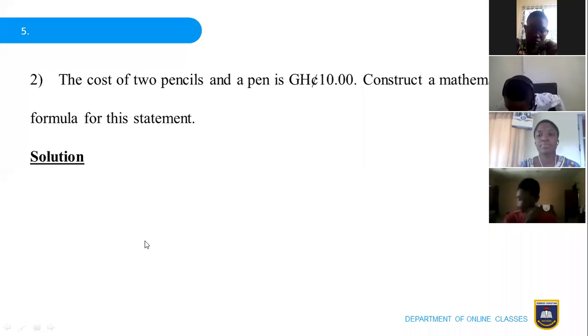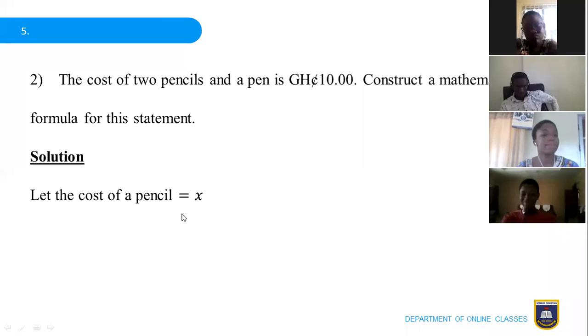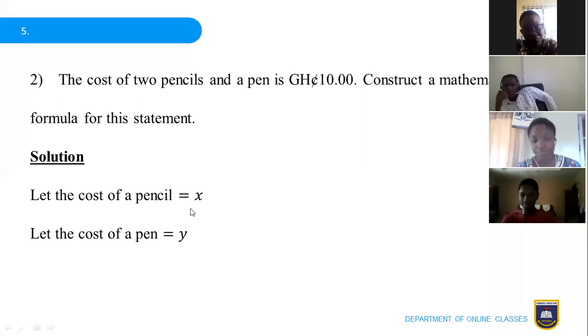So let's look at the suggested solution now. Thank you for the correction. You are welcome, sir. Let the cost of a pencil be equal to X. Let the cost of a pen equal Y. So now the question says 2 pencils. The cost of 1 pencil is X. So if they are 2, then our cost is going to be twice the cost of 1 pencil, and that will give us 2X.